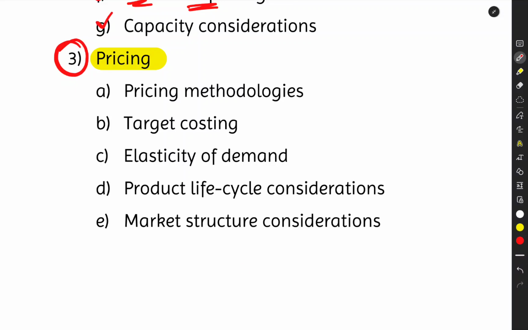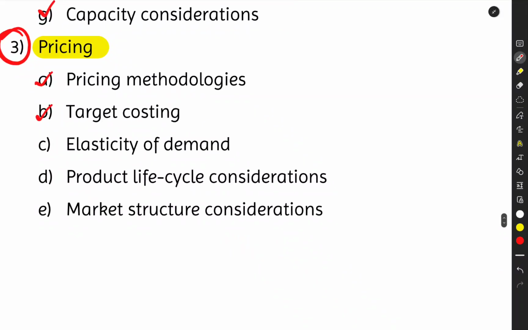So, what are the different methods that can be used for pricing a product? For example, market comparison, competitor comparison, cost plus margin, or absorption costing, whatever different techniques you are using. Then there is something called target costing.